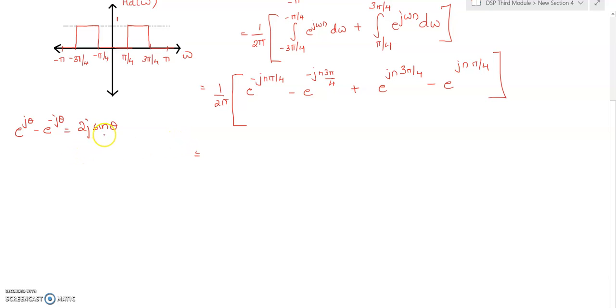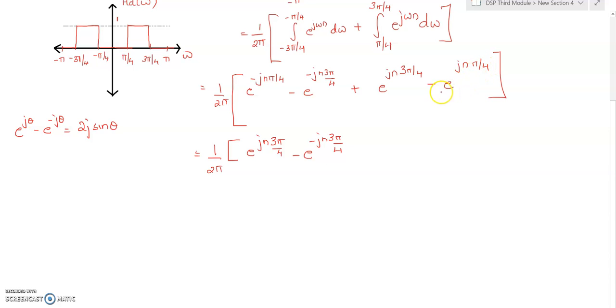Let us compare both these terms and understand which is available in this form readily. If we look at this term, e raised to j n 3 pi by 4 minus e raised to minus j n 3 pi by 4 is available in this format directly. So we can write it as 1 by 2 pi times e raised to j n 3 pi by 4 minus e raised to minus j n 3 pi by 4. Those terms are ready, so we can ignore these two and compare the next. We have e raised to minus j n pi by 4 minus e raised to j n pi by 4.